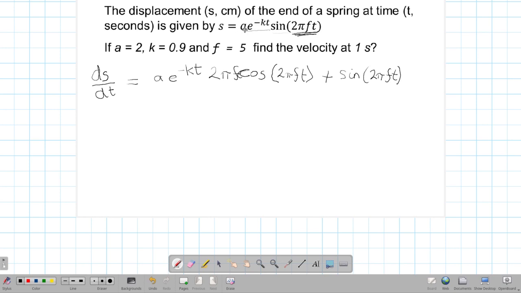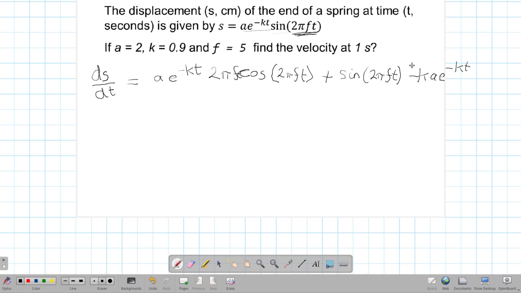So the minus k is going to come down to the front and become a multiplier. Now, so we'd have minus k times a, and then the rest of it. And again, nothing happens to this, stays the same.